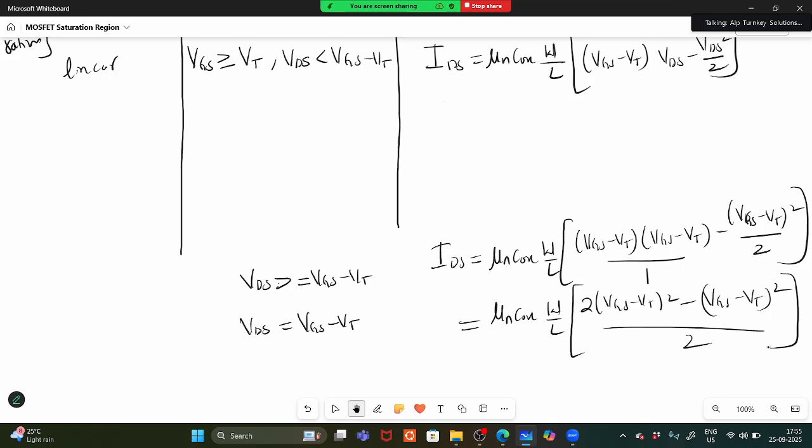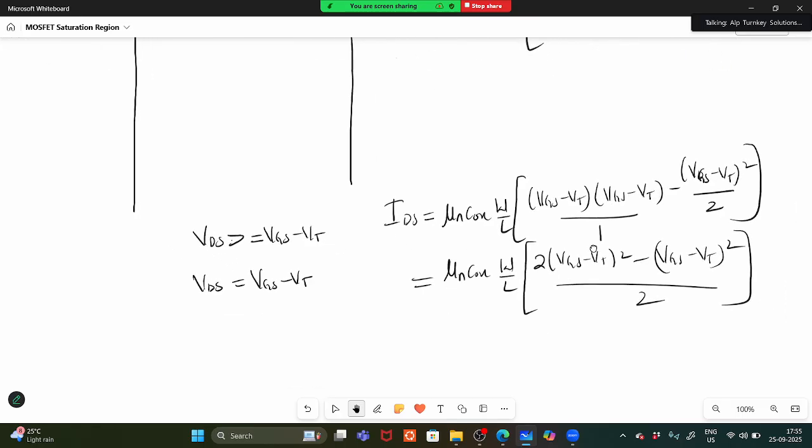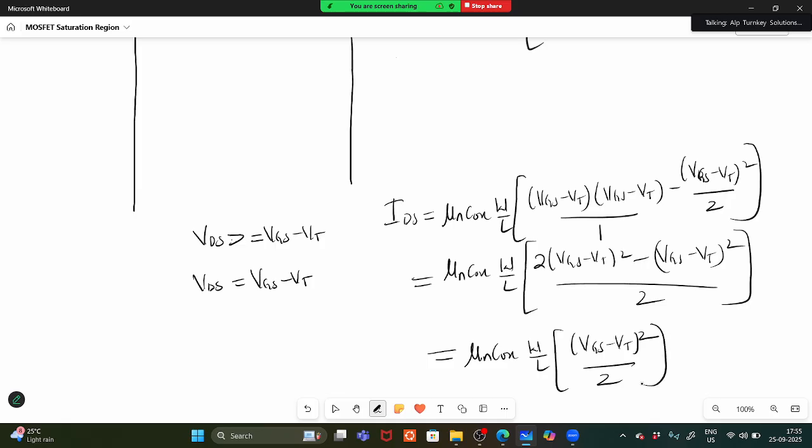Again 2 minus 1 is 1, so this is mu n COX W by L into VGS minus VT whole square divided by 2. This is the drain current equation in the saturation region.